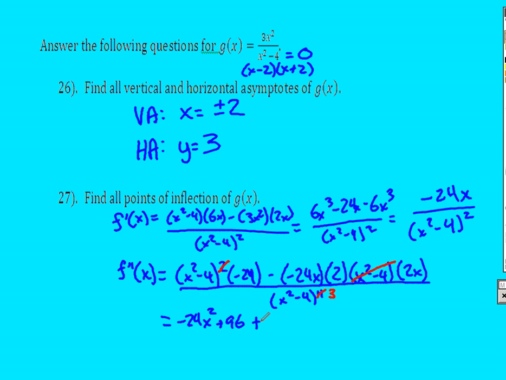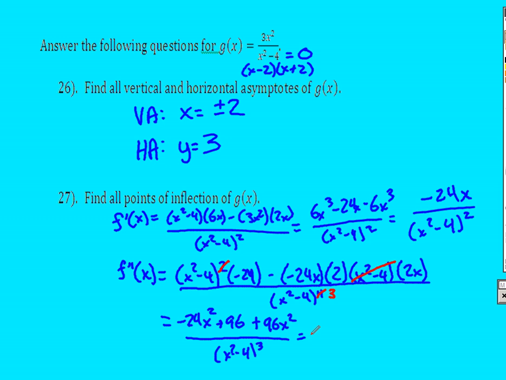So we're going to have plus, and this will become 96, or 96 was here, I'm sorry. So I have 24 times 2 times 2, which should give me, let me make sure I get this right. So this should become plus a 96x squared, yes, divided by still (x squared minus 4) to the third power.